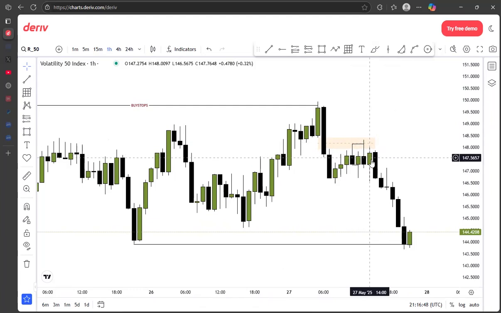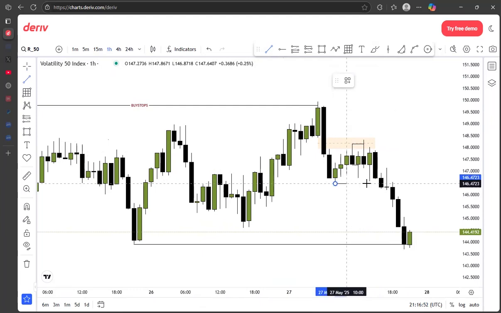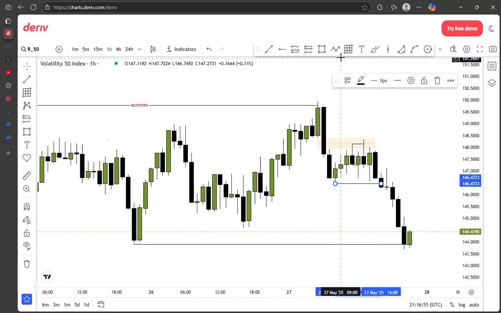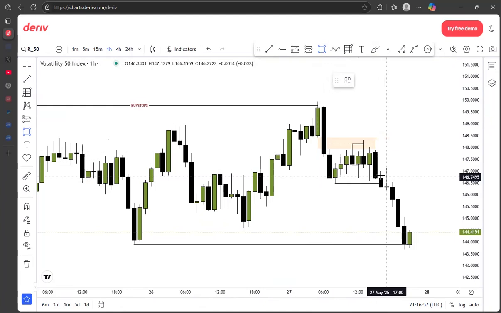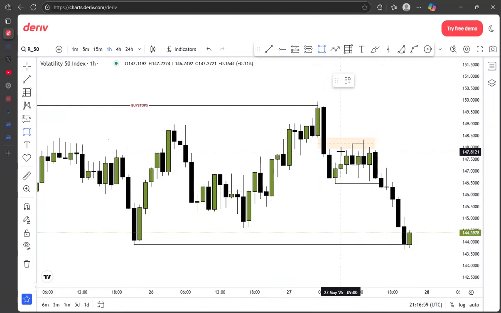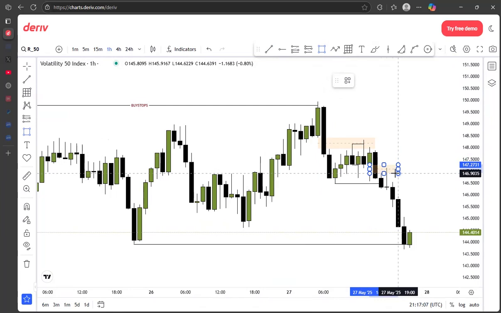As price pushed lower, it took this low here. And after taking this low, what PD array was left behind? What PD array were we going to use to keep on pushing price to the downside? This PD array here.